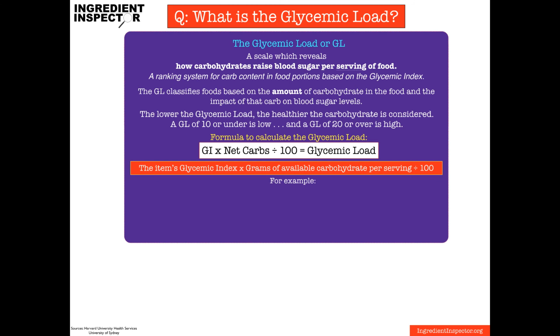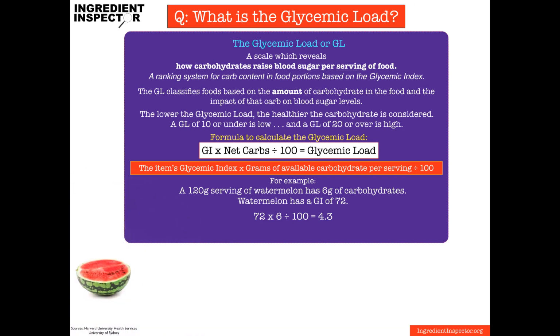For example, a 120 gram serving of watermelon has 6 grams of carbohydrates. And we know that watermelon has a glycemic index of 72. So 72 times 6 divided by 100 equals 4.3, which we round down to 4.